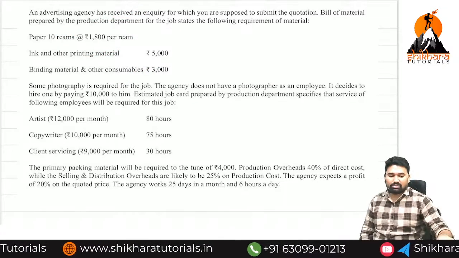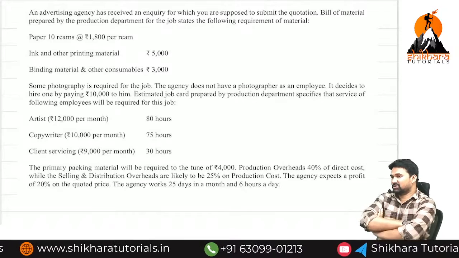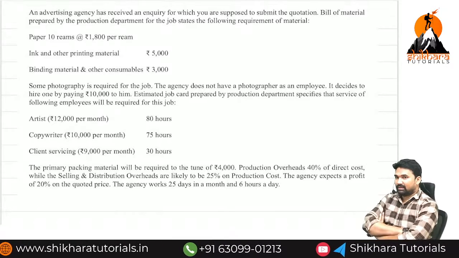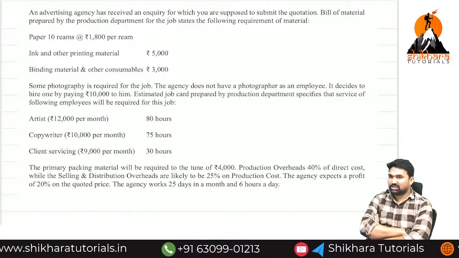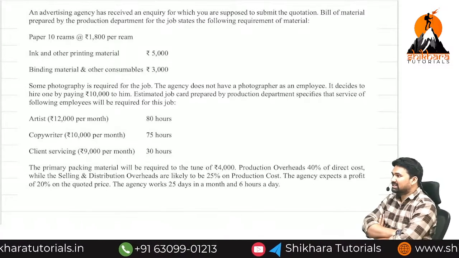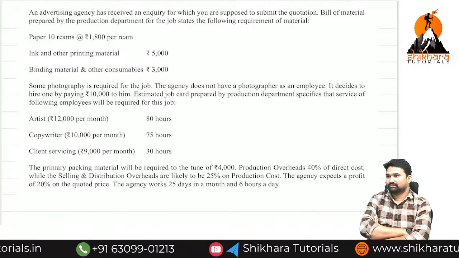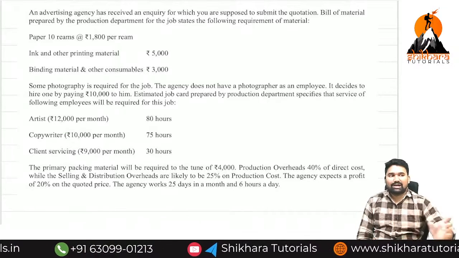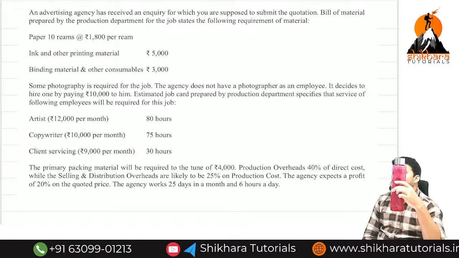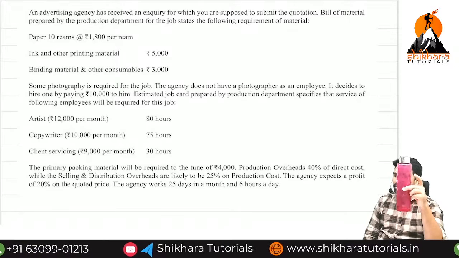Have you watched my initial classes of costing? In those classes, I have clearly said what is direct cost and what is indirect cost, and I took a bottle as an example. Are you able to identify the plastic cost from this bottle?